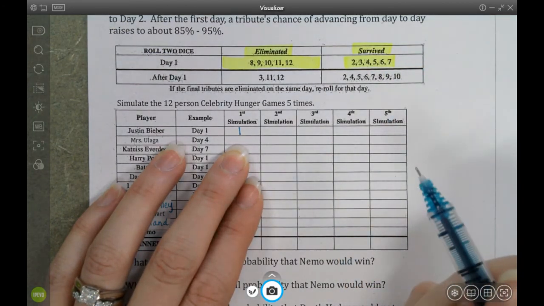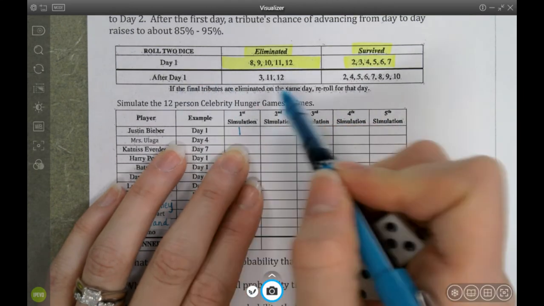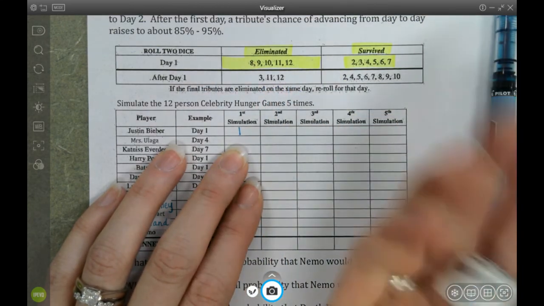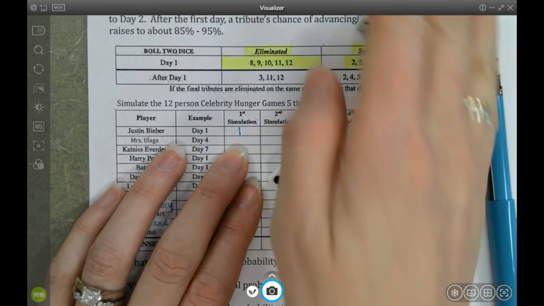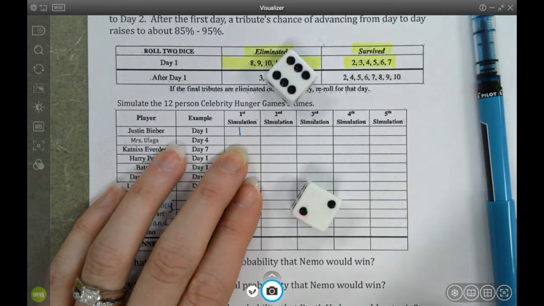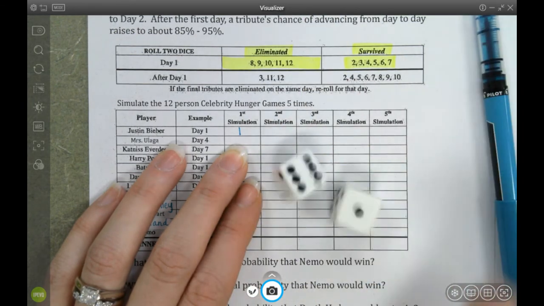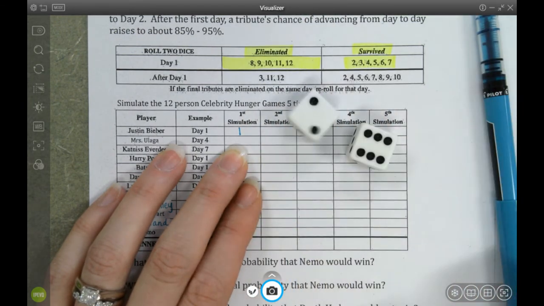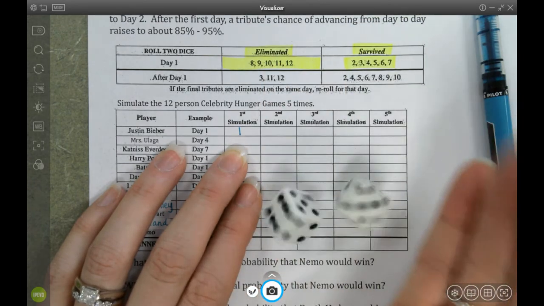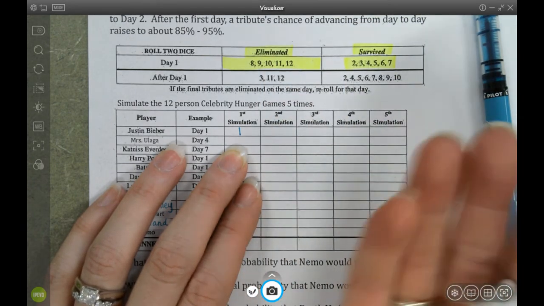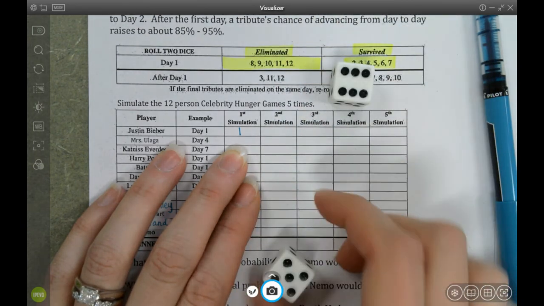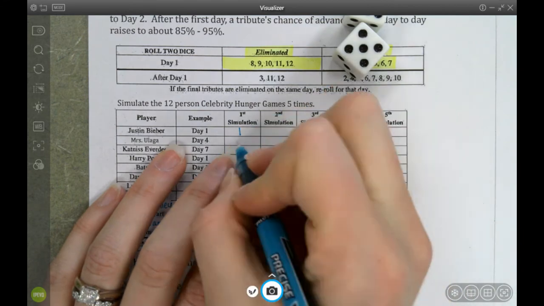So now I need to roll again. After day 1, I need a 3, 11, or 12 for her to die. So she made it through day 1. Day 2, because that's 7, which was not 3, 11, or 12. Day 3. Day 4. 5. 6. 7. 8. She dies on day 9.